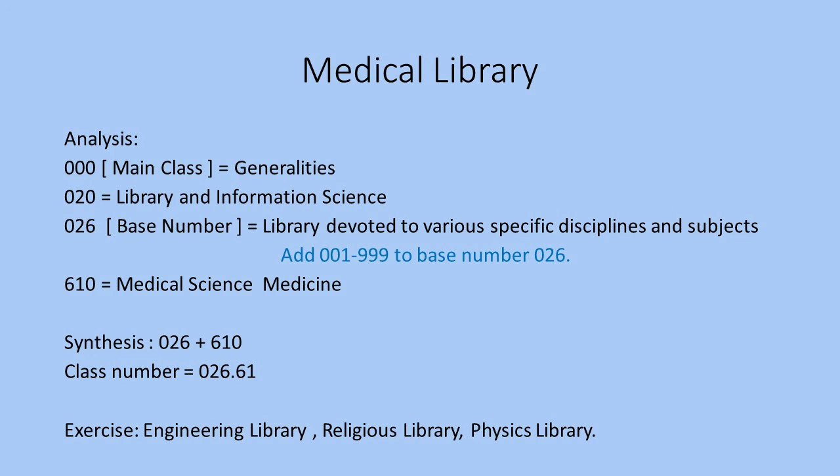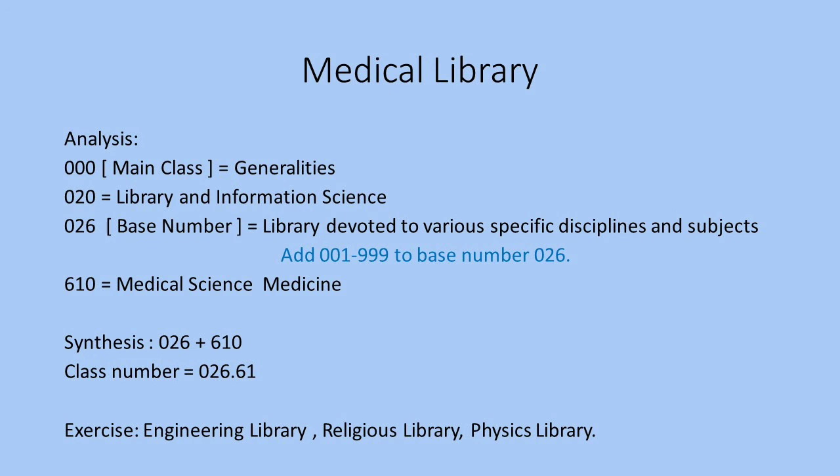Here you can see that I have not written the last digit. The last digit is 0. Why have I not written 0? Because there is a rule in DDC. If you use the dot, we have to use the dot after 3 digits, and after the dot you cannot use 0 as the last digit.